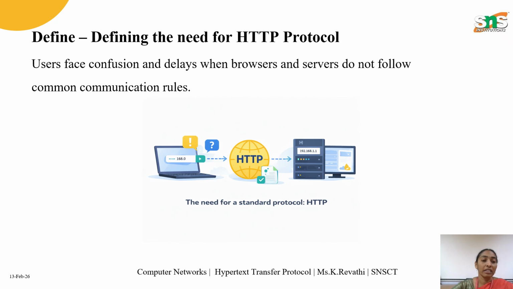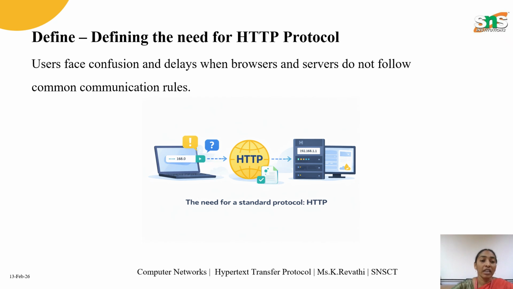The next phase is the define phase. In this, we can understand the need for HTTP. Now, let us define the problem. Without HTTP, the browser doesn't know how to request data from the server. Then the server doesn't know how to respond to the user, depending on the request.